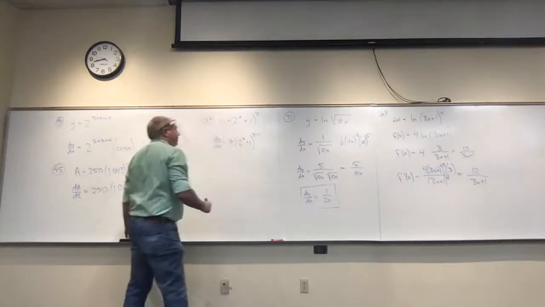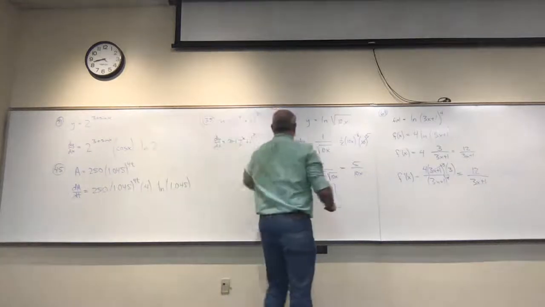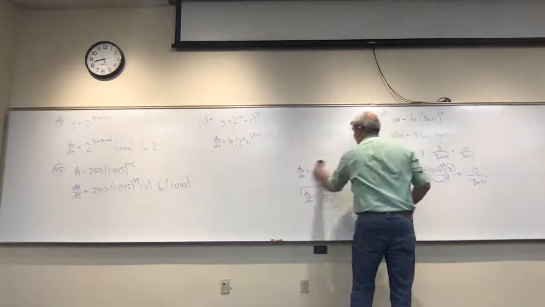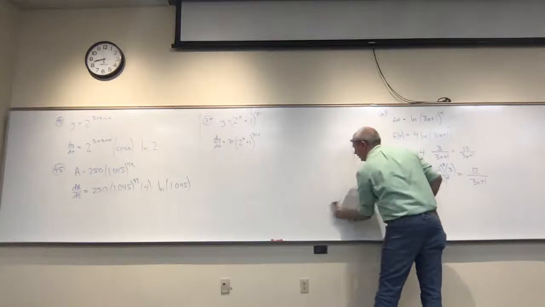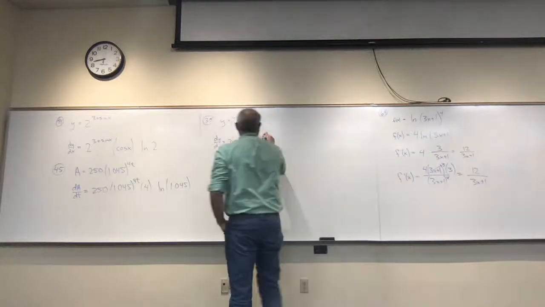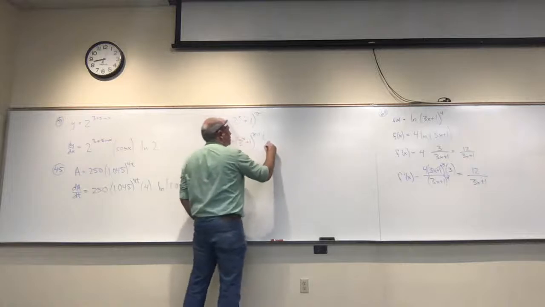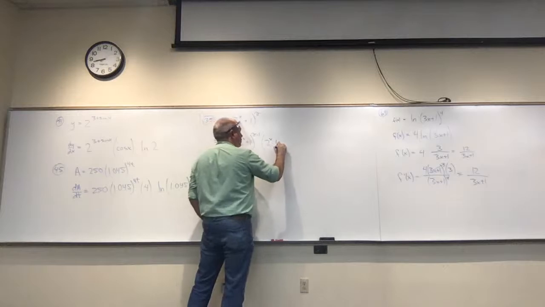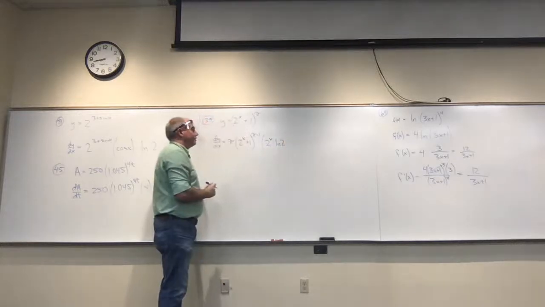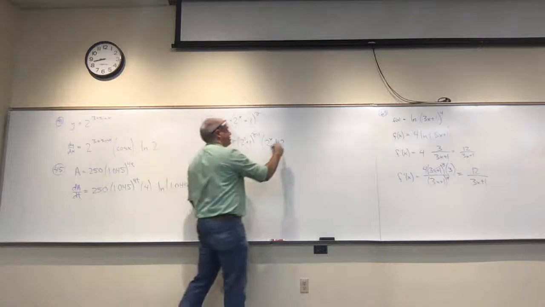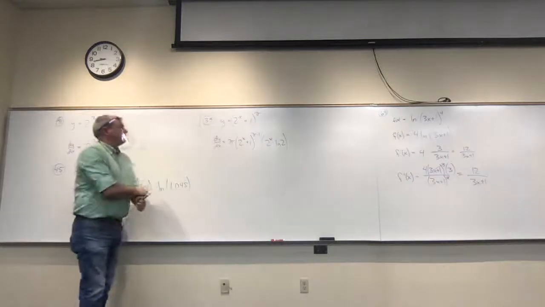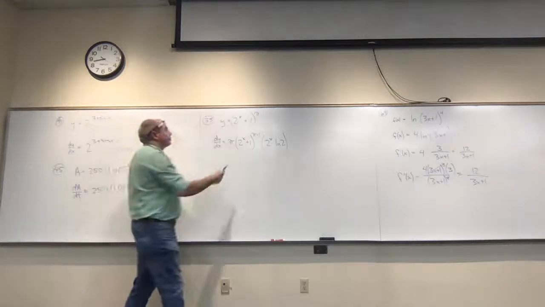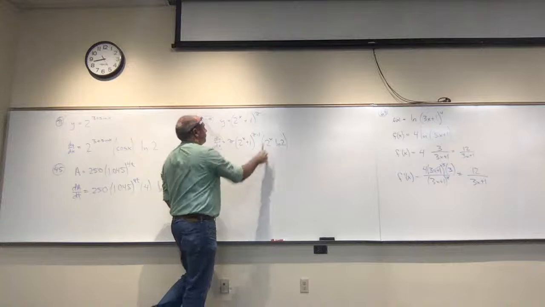And then I need to multiply by the derivative of what's on the inside. So the inside in this case is 2 to the x plus 1. Well, the derivative of 2 to the x is 2 to the x times, since the base isn't e, ln of 2. And then the derivative of 1 is 0, so that's it. So it's just a power rule, and then multiply by the derivative of the inside.